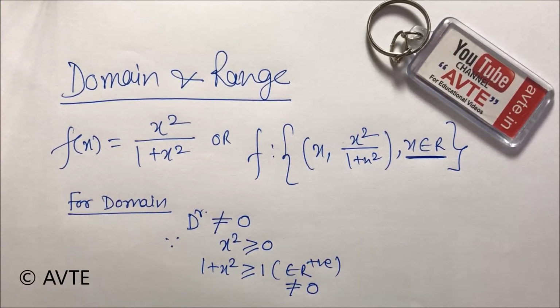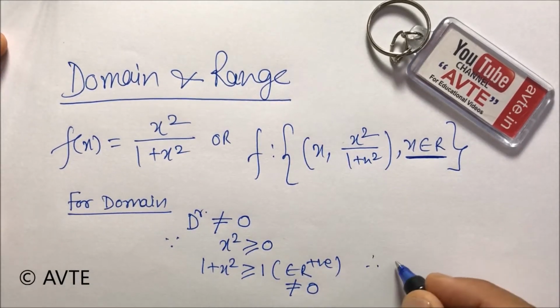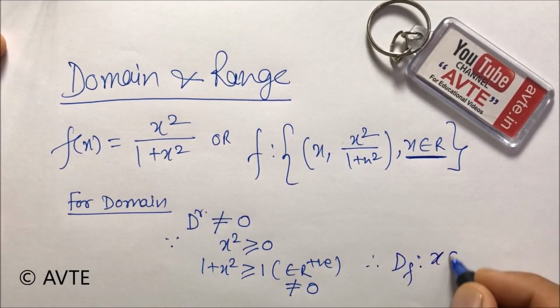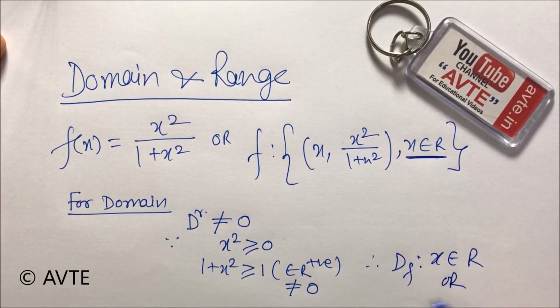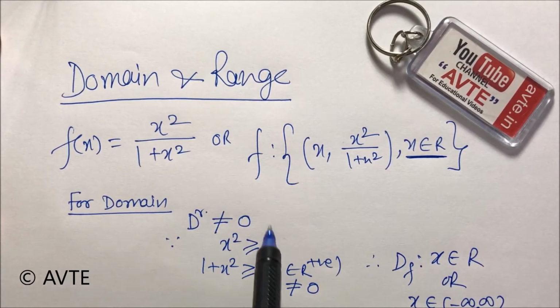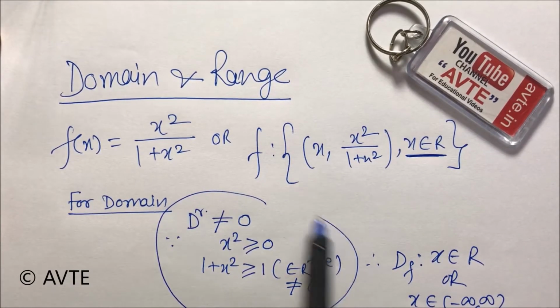So starting from 1 is not important, but saying that it is never equal to 0 is enough for the domain. So the domain is clearly R. But it is always good to mention all this stuff.